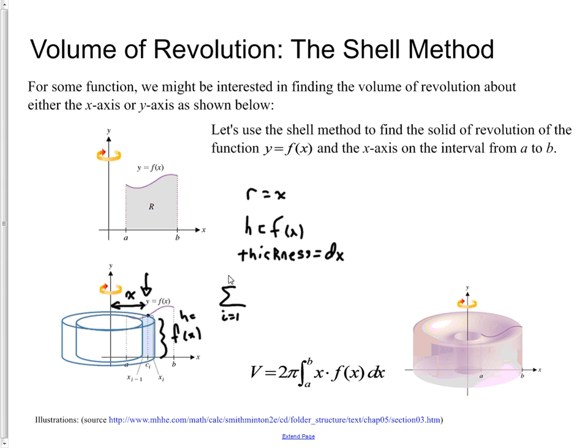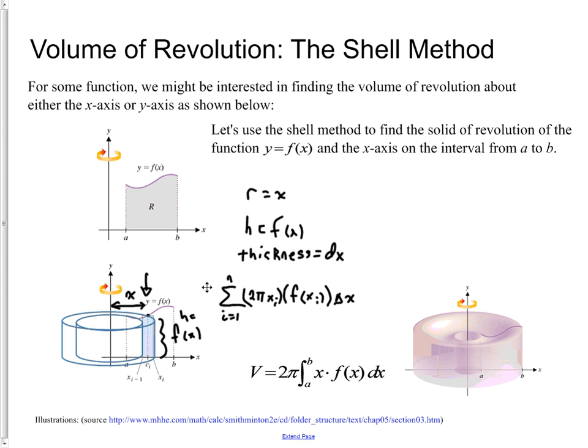So from i equals 1 to n, whatever n is, it will be 2 pi r, right, for our circumference. So 2 pi x right here. And for each one, we have a specific x sub i: 2 pi x sub i times f of x sub i, right? So that's the height of each one of those shells times the thickness of those plates.